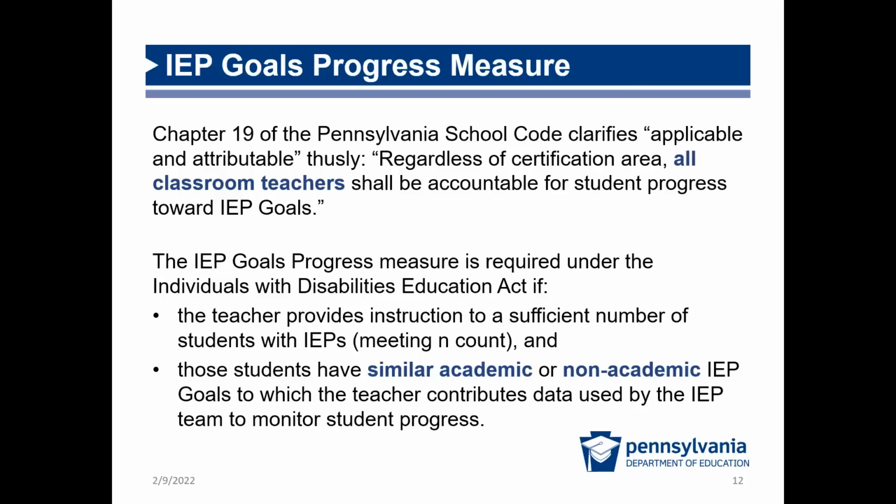So if the teacher provides instruction to a sufficient number, meaning you're going to meet that end count, and we'll talk about end count in a minute. And the other part is, do those students that have IEP goals have similar academic or non-academic, meaning behavioral, IEP goals to which the teacher contributes data? So did I meet the end count, and am I a teacher who's contributing data?